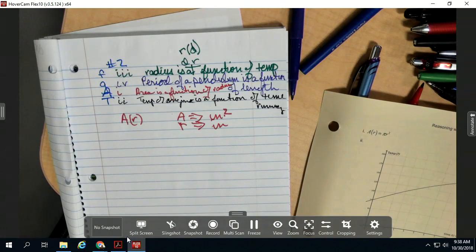Why is it tough when you have temperature and time and writing function notation? Why is that a tough one? Yeah, they begin with the same letter. Here's the clues that they give you. Lowercase letter t is always a running time. Uppercase letter T could stand for temperature, but it could also stand for the period.